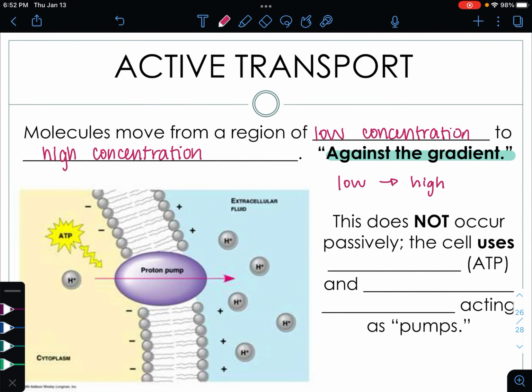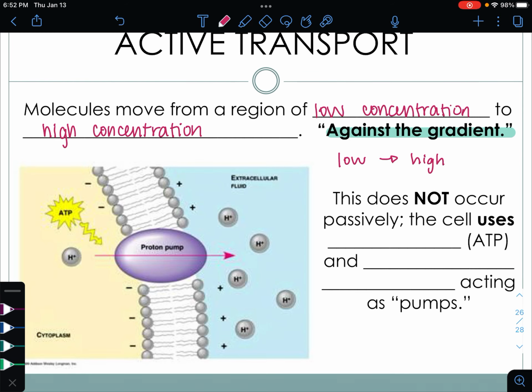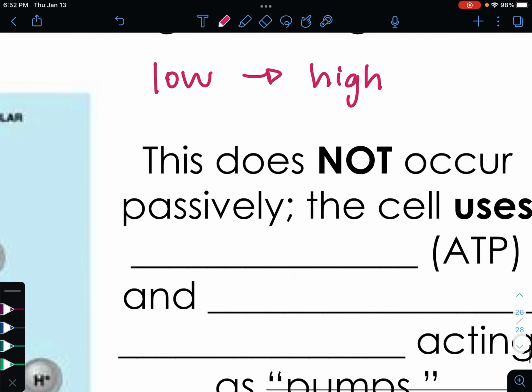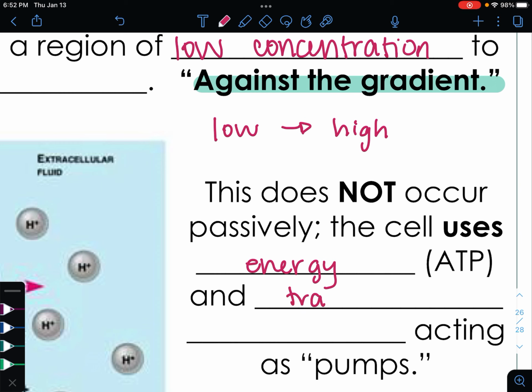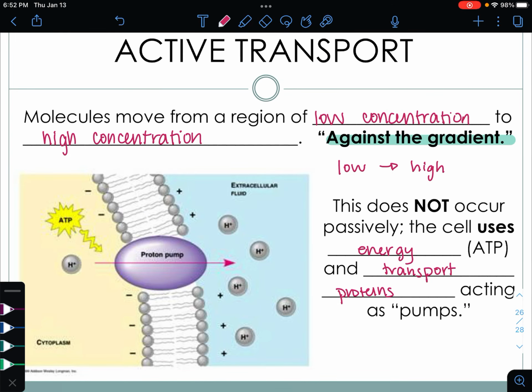We can think about this as rolling a big boulder up a hill. It takes lots of energy when going from low all the way up the hill to high. This doesn't occur passively. So what this means is that the cell is going to use energy in the form of ATP, and it's going to use what are called transport proteins that act as pumps to pump these molecules through the membrane, going from low concentration to high concentration.